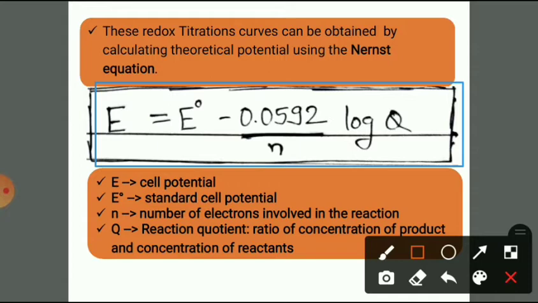E0 is the standard cell potential. n is the number of electrons involved in the reaction. And Q is the reaction quotient, which is nothing but the ratio of the concentration of the product and the concentration of the reactant.